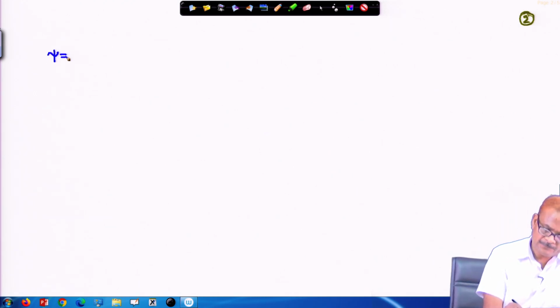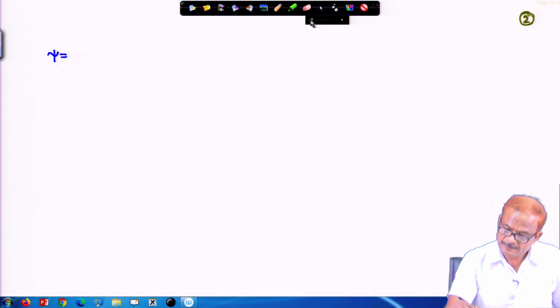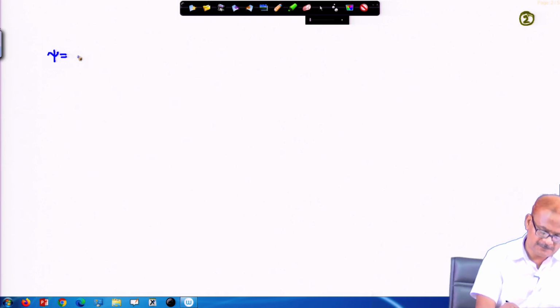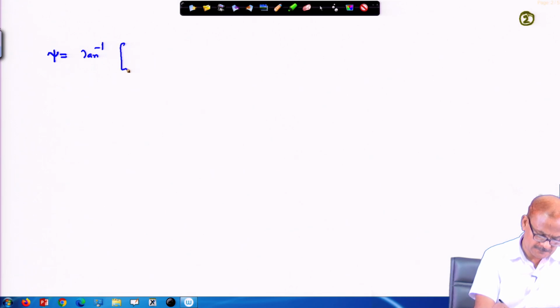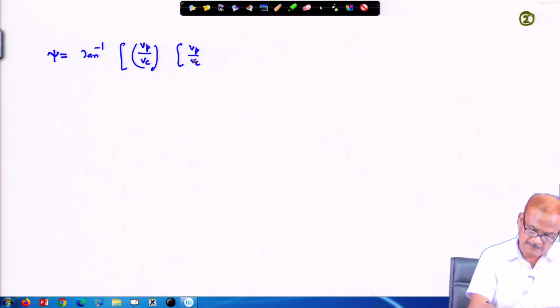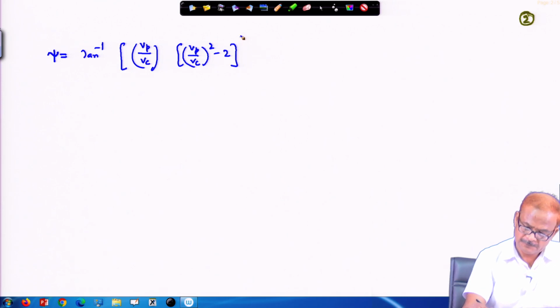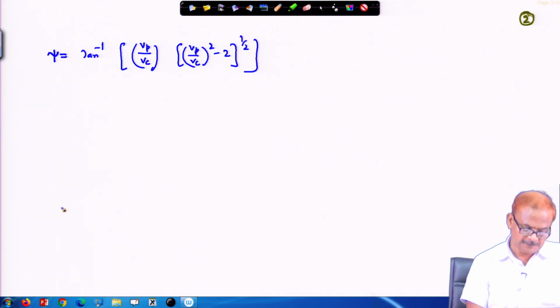Okay, now we start working with the angles. So, already last time we have derived this relation psi equal to tan inverse of V p by V c times square minus 1, to the power 1 by 2. This is the relation we got last time.